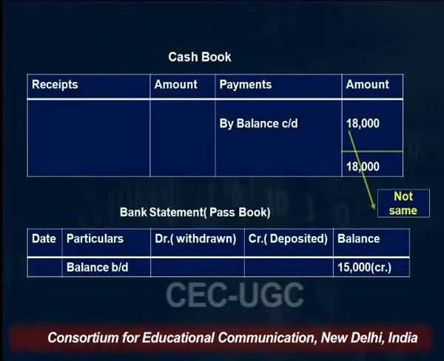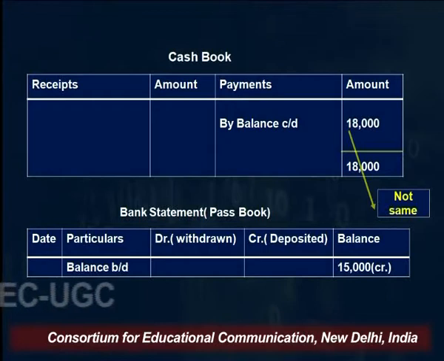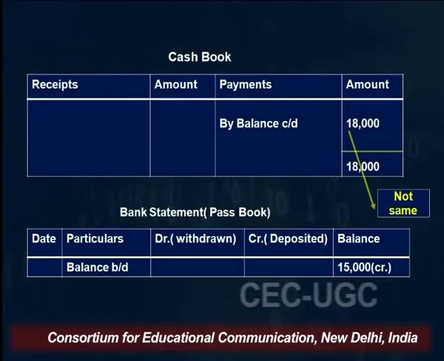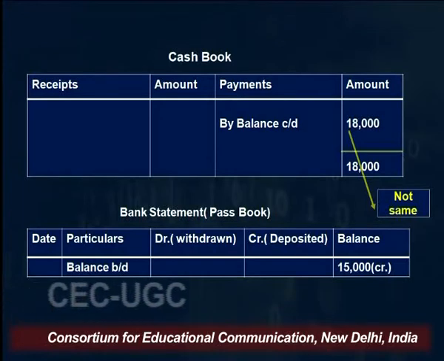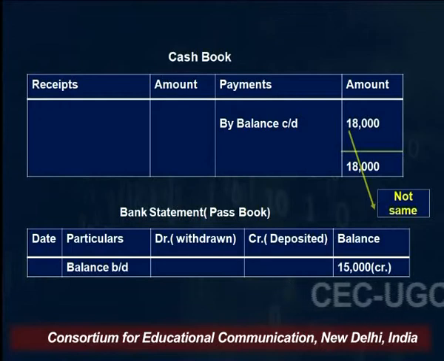As you can see in this format, the cash book which is prepared by us and the passbook, also known as bank statement, which is prepared by our bank, the balances of these two books are not the same. The balance of the cash book is shown here as 18,000, whereas the balance of the bank statement, which is also known as passbook, is shown here as 15,000, and the balances of these two books are not the same.